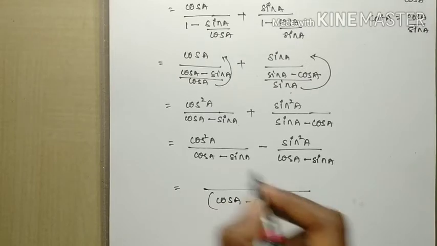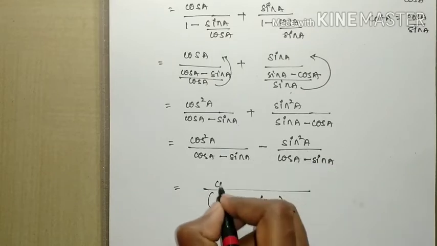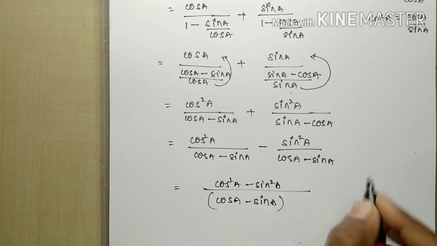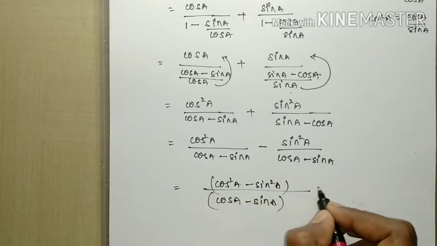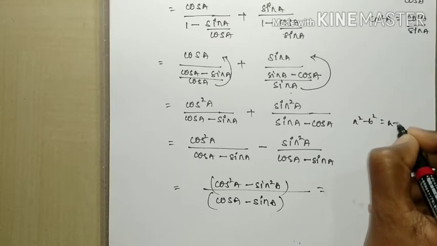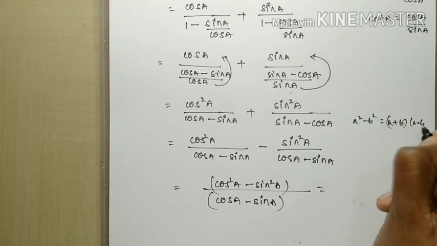And we have the numerator cos square A minus sin square A. So now this is a square minus b square, that is a plus b into a minus b.